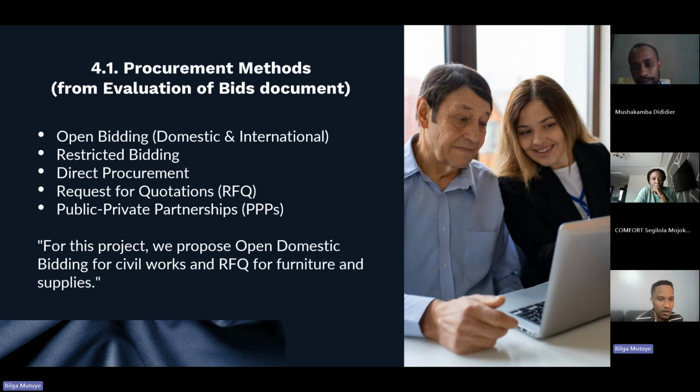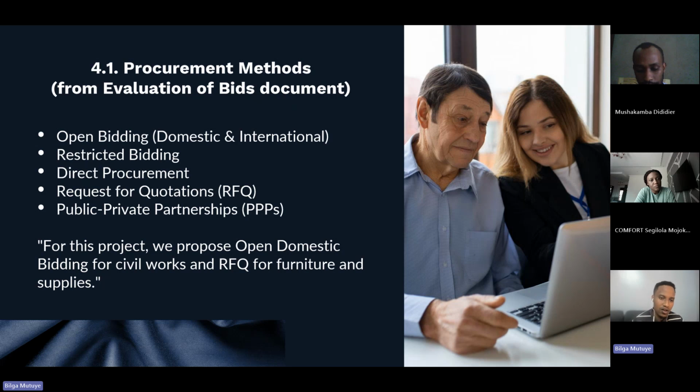The second one is the restricted bidding, whereby selected suppliers are invited for the bidding process, not all of them or an open one as indicated above, but a selected group of suppliers is selected to participate in the bidding process.